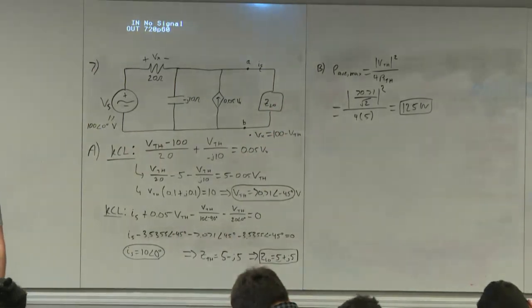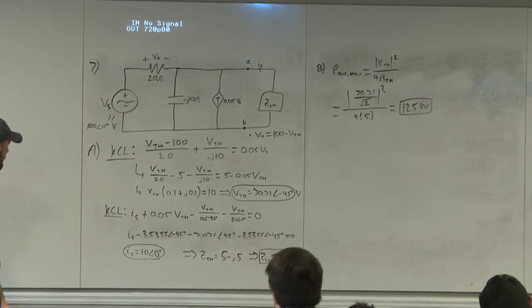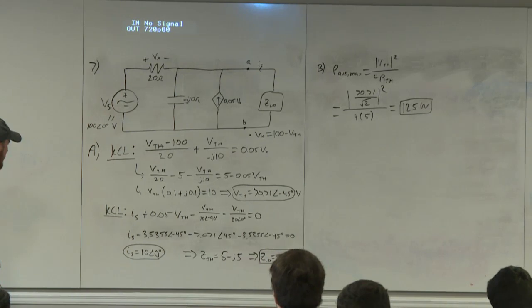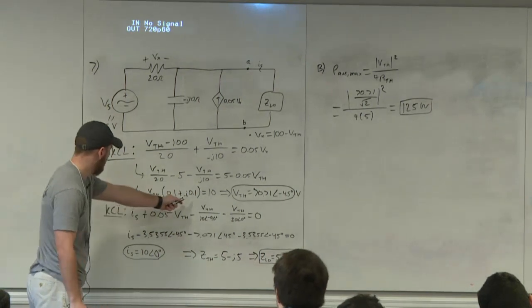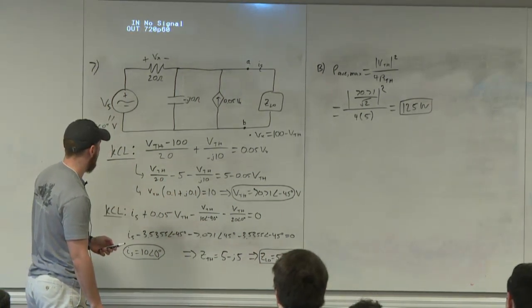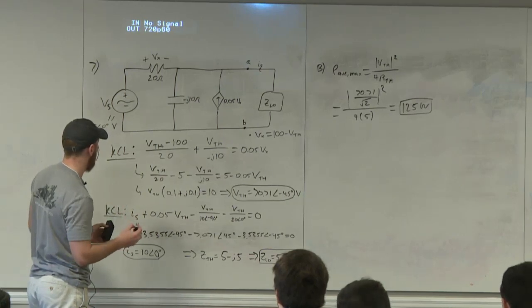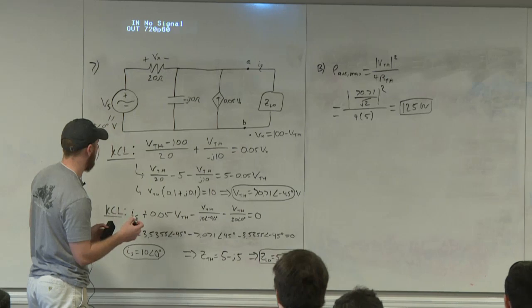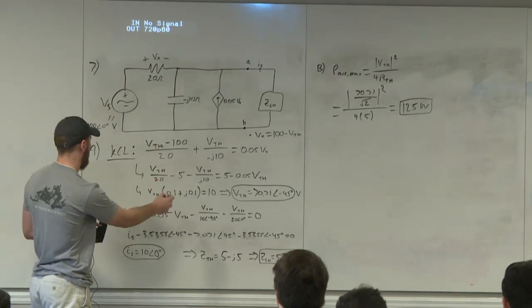For the last part of the KCL, how do you have plus j 0.1? Where is that? Here? Plus j 0.1. V over 20 minus the j10 up top? Let me double check.